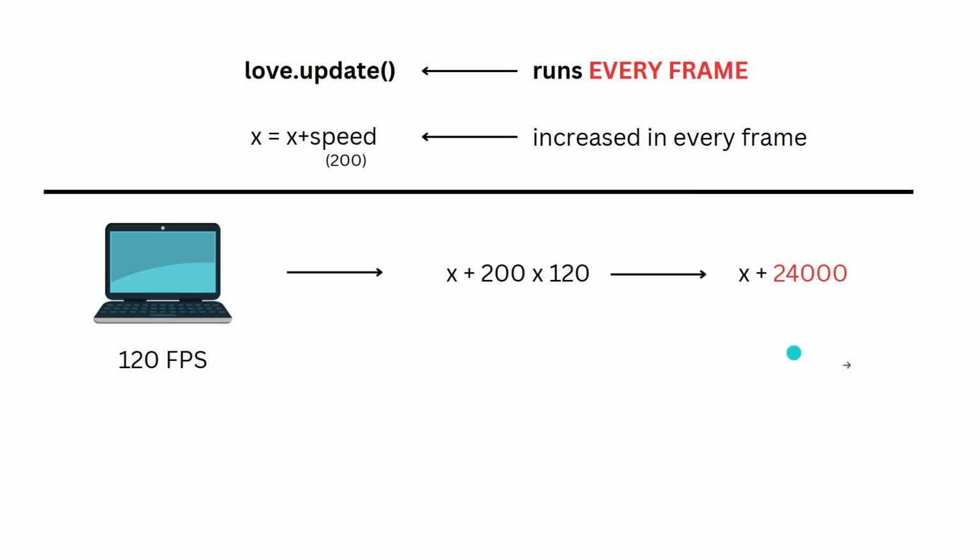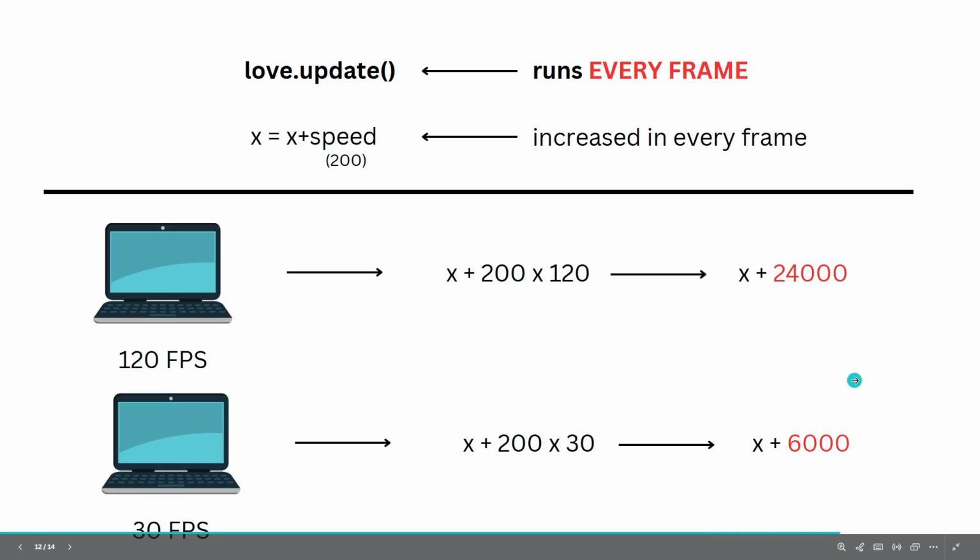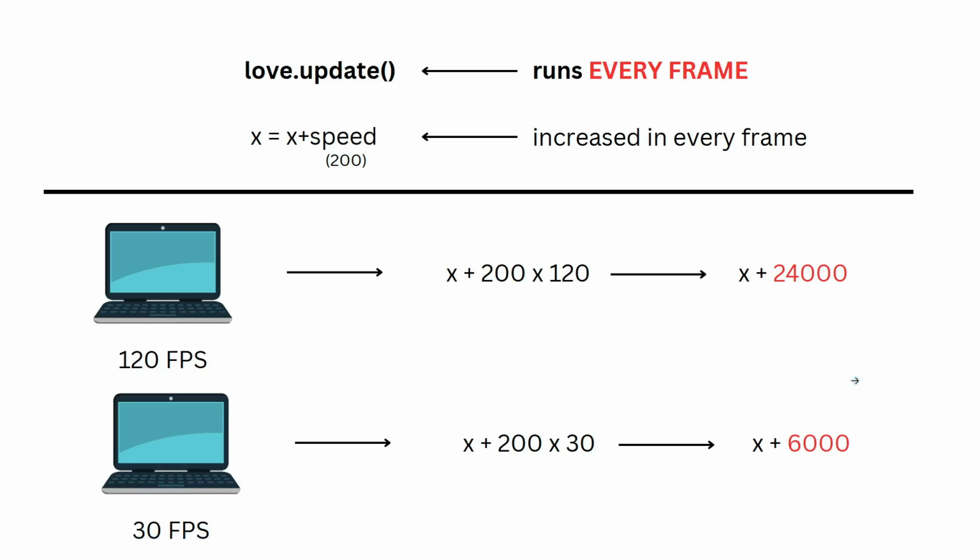Now this is still a lot, but this is not the point. The point is that on a device with a lower FPS, or where a game is running at a lower FPS, the speed value will be added onto our x position value only 30 times. So our x position value will be increased relatively slower. Now we don't want the speed of game characters or any objects inside a game to depend upon the number of frames the game is running at.